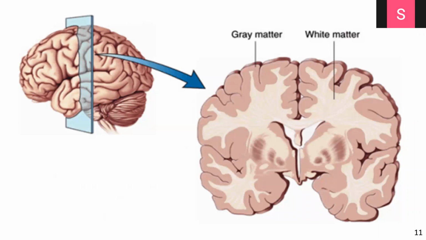This myelin is what makes the white matter white, and the myelin coating around the axon speeds the conduction of nerve impulses.